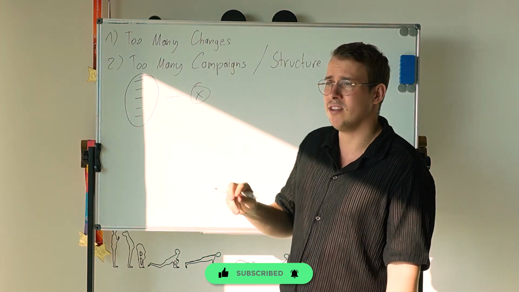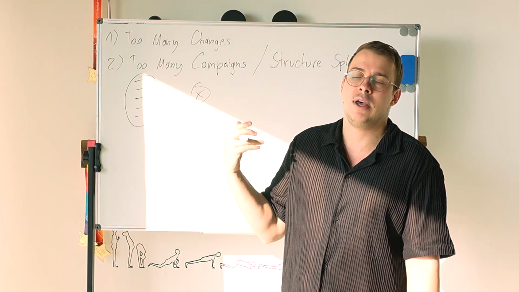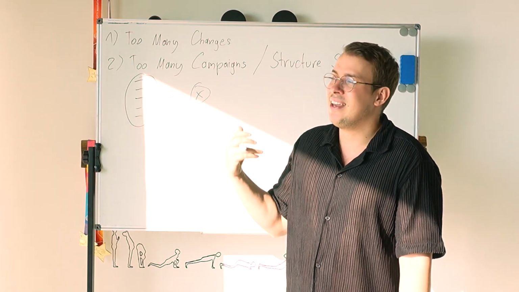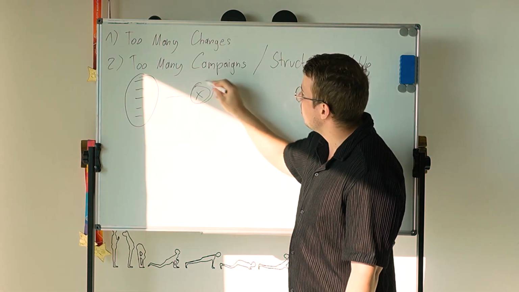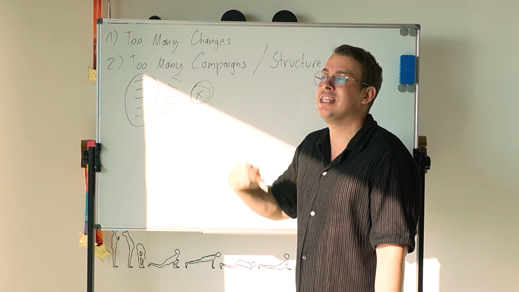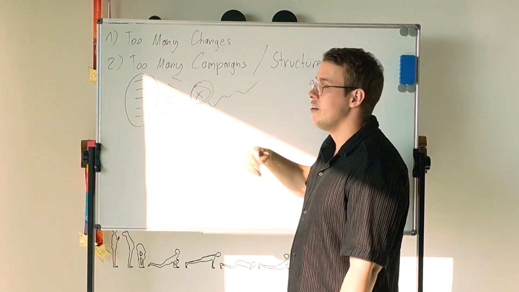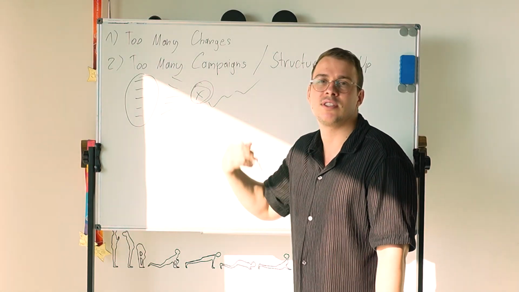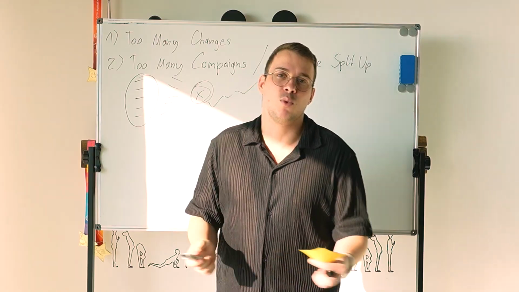But in the end, your structure that makes so much sense and all these optimizations come back later and they actually hurt your performance, right? So you want to consolidate, you want to keep it simple. All the data goes into one campaign, which speeds up the learning process, which means you can scale quicker, and therefore more and more data is coming in, and the consistency of the campaign will be better as well down the line.